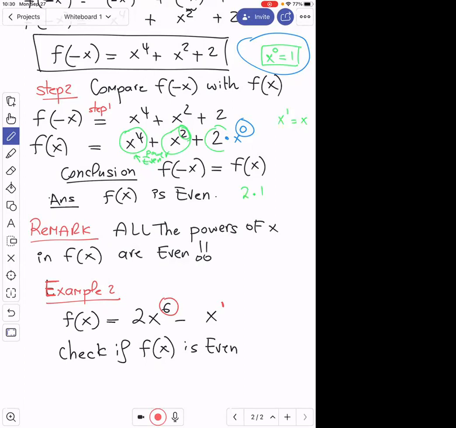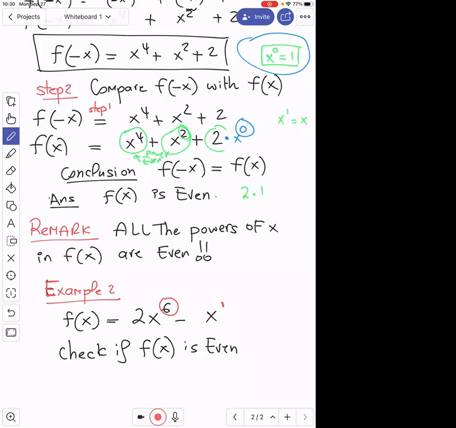So we have one even exponent and one odd exponent. When not all the powers are even, then the function is not even. So in this case, your guess would be that this function f is not even, because there's one power which is not even, right?